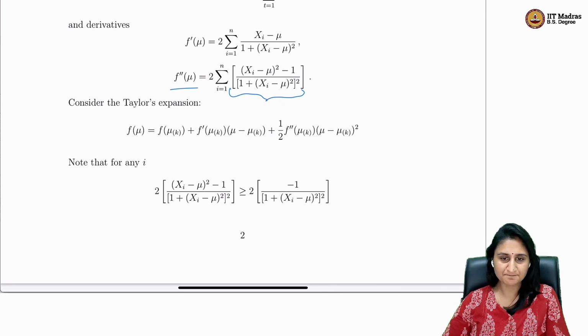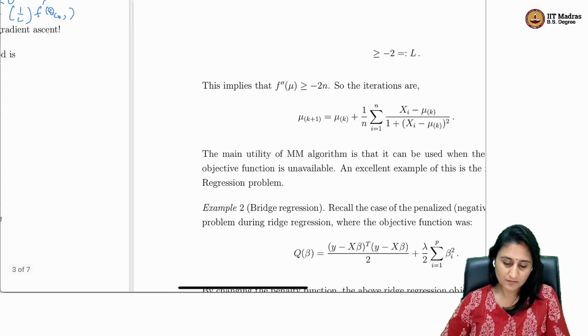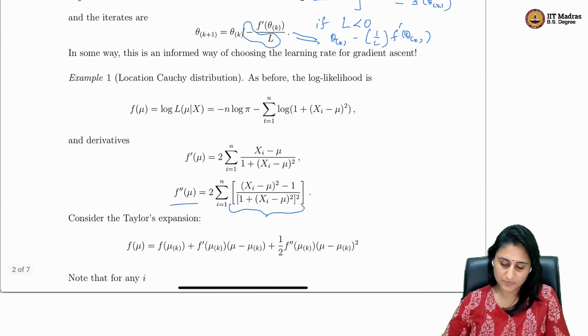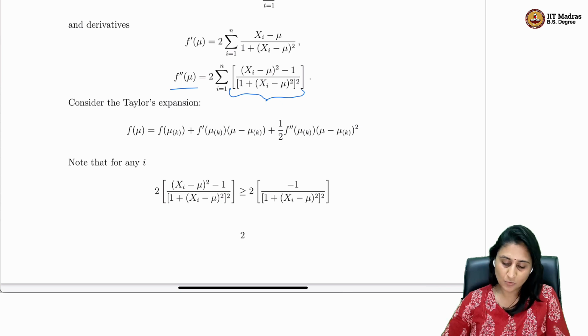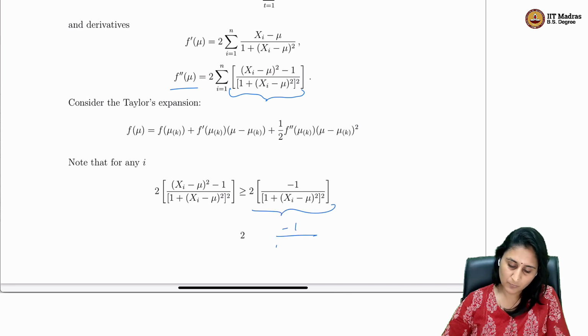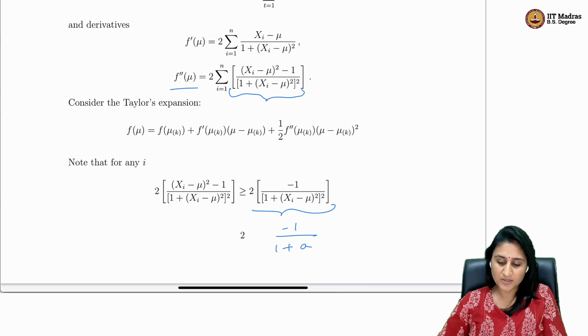That part's simple. But then I also notice that this whole term over here is basically minus 1 by 1 plus a, right? And a is some positive number. So the denominator is actually increasing in size, which means that this is going to be greater than or equal to minus 1, right?